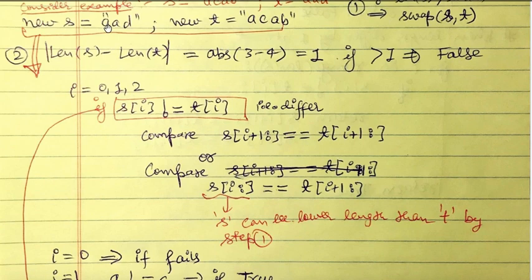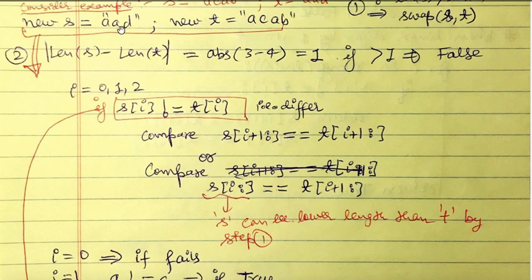For example, when we compare AAD and ACAB, the first A and A are the same, so this condition is not satisfied and we do not do anything. We go to the next one and we find A and C. Clearly A and C are different, so the condition is satisfied. Now we will compare the source from element i plus 1 onwards, so we start looking at i plus 1, the next elements, until the end.